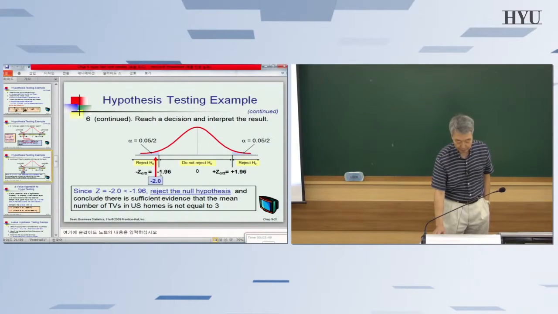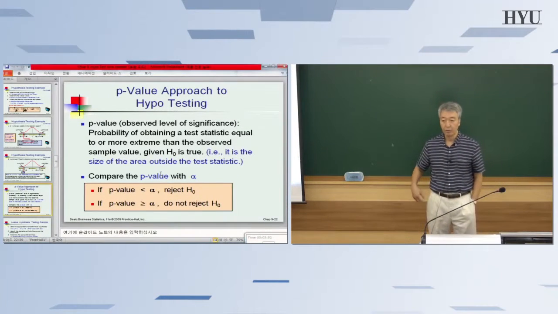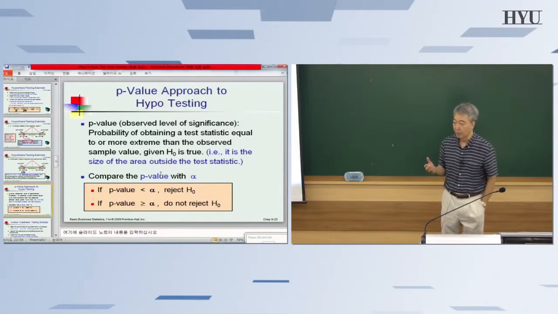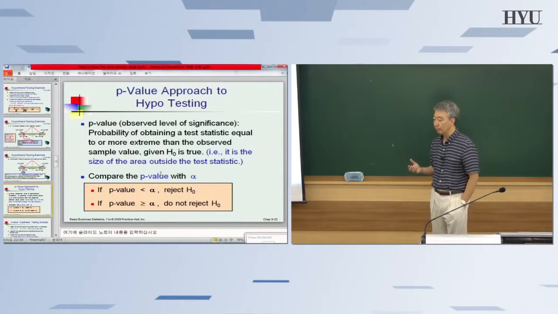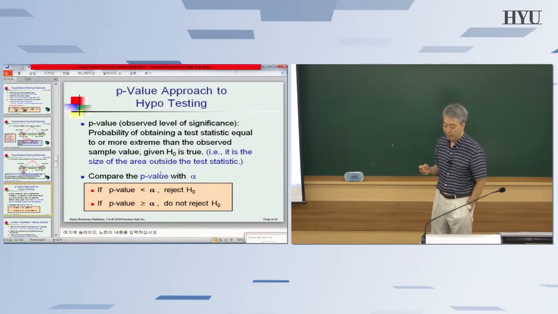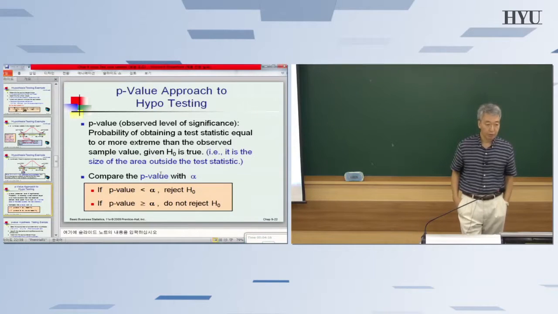To do that, you have to use the z-table and find the critical value for an alpha level of 0.01 or 0.05. If you use the p-value approach, you don't need to do that.